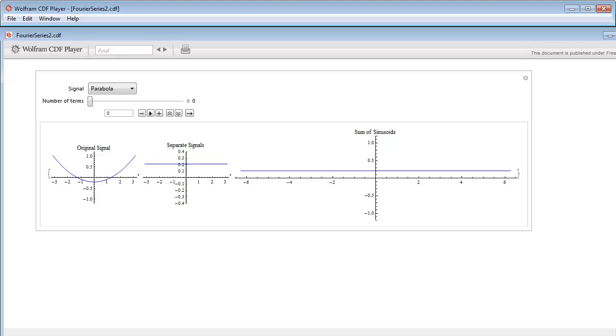It's a parabola. We can define that very simply mathematically. And what we're going to do is add up a bunch of cosines to try to create this. Okay, so right now it says I'm adding 0, but I'm actually starting with a flat line. That's our 0 frequency. Okay, now I'm going to add one more.